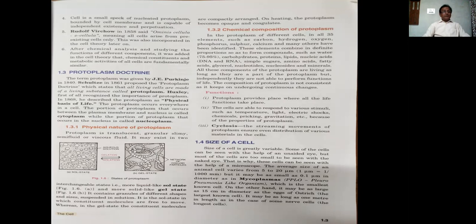When we study the cell, we will find the cytoplasm also differentiated into two distinct zones, the outer and the inner zone. The outer, transparent, clear, non-granular zone is the sol state. It is more liquid-like, while the inner cytoplasm, the gel state, has more solid-like, granular substance present there.